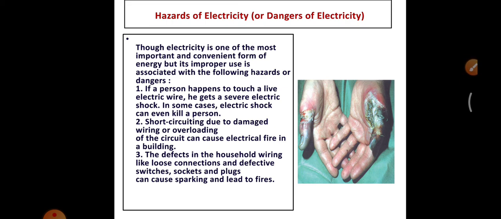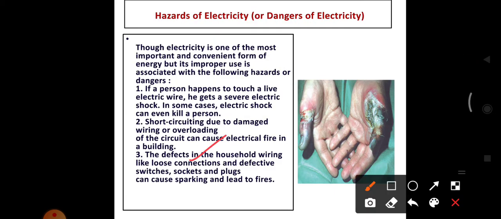The defects in the household wiring like loose connections, defective switch, socket and plugs can cause sparking and lead to fire.